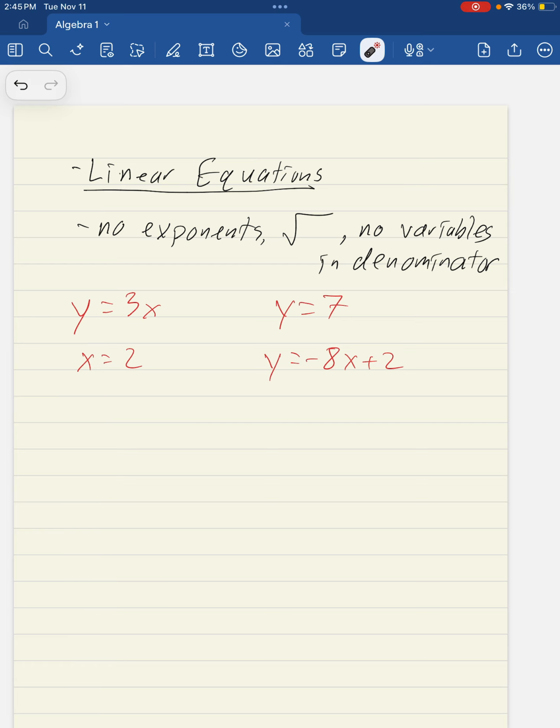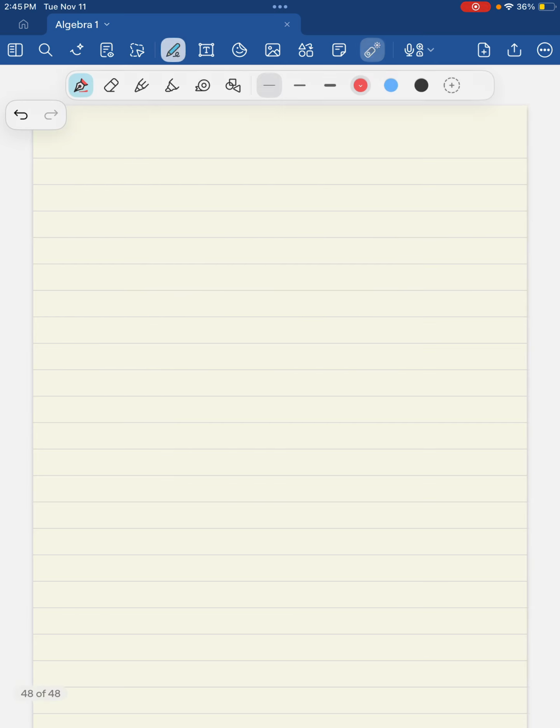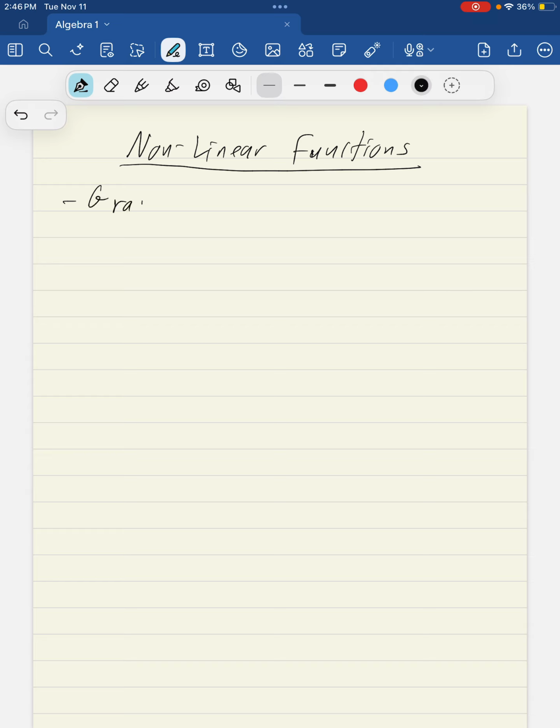Now, nonlinear functions, like you might think, okay, linear means line, nonlinear is not like a line. So we're going to give a few examples of these guys. The easiest way to think about the graphs is that the graphs are not like a line.